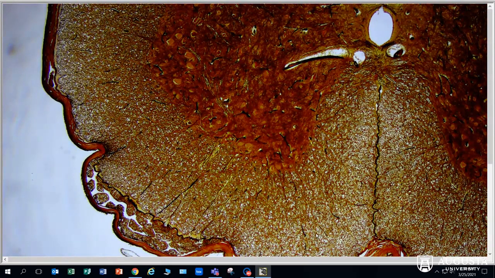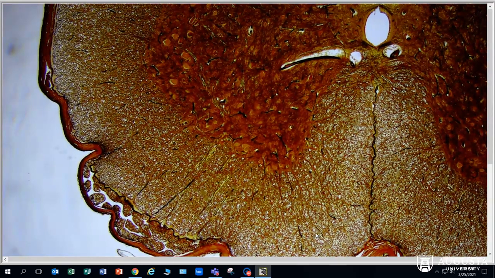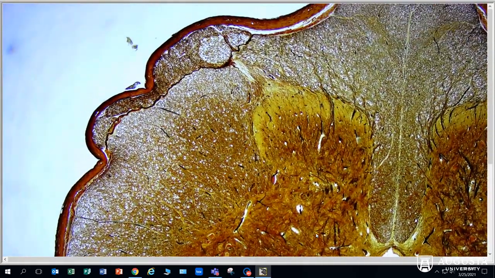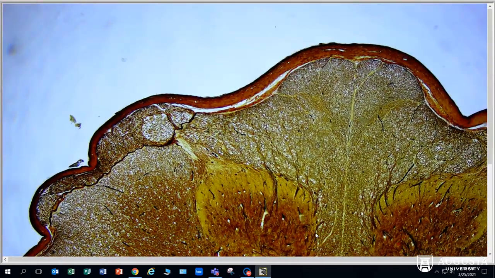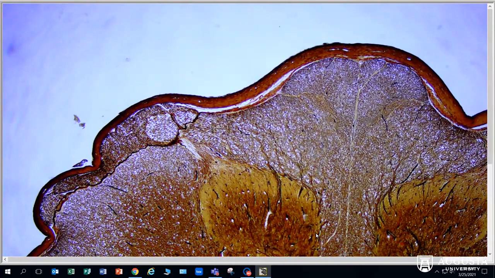So again, remember, the most important part is orienting yourself to find what is dorsal. And once you see where dorsal is, naming the gray and white matter becomes much easier.